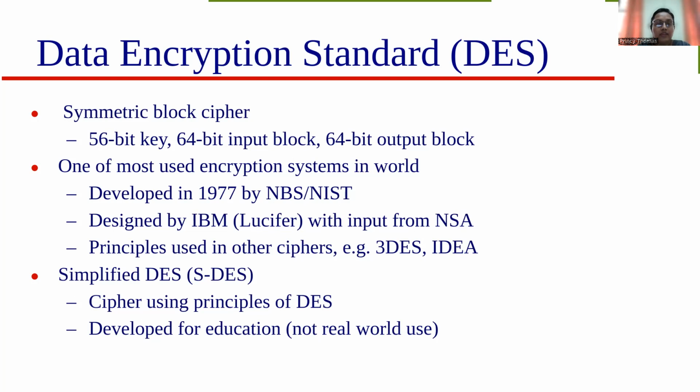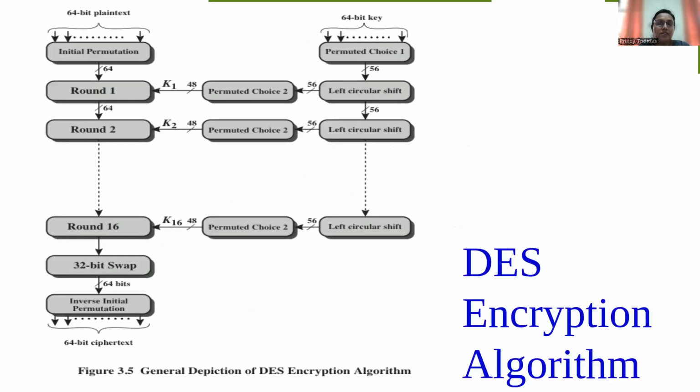The concept of DES is easily understandable with the simplified DES structure, which we are not going to look over here. It can be incremented to study the actual DES algorithm, but we are going to go directly to the DES algorithm.